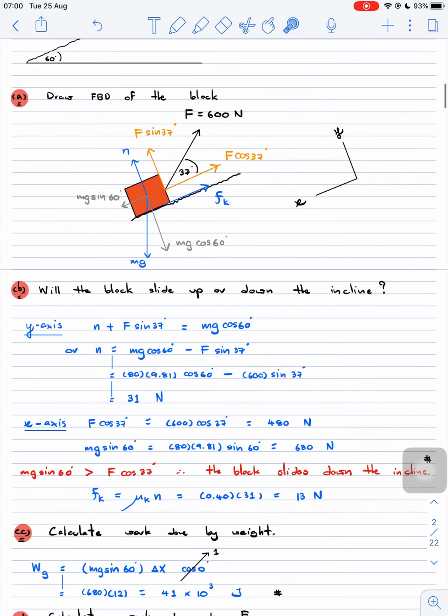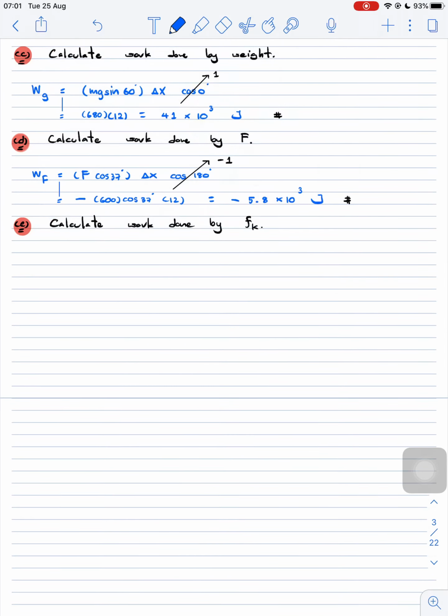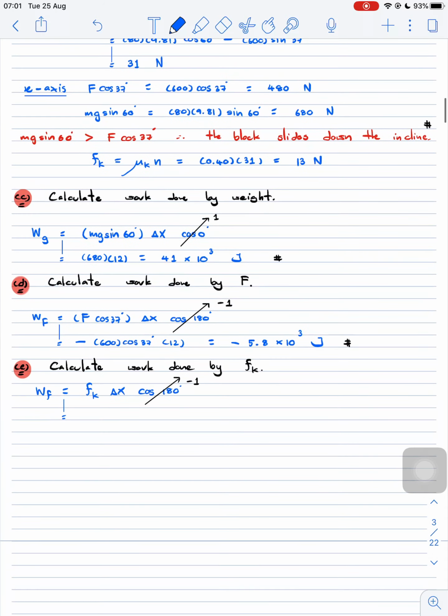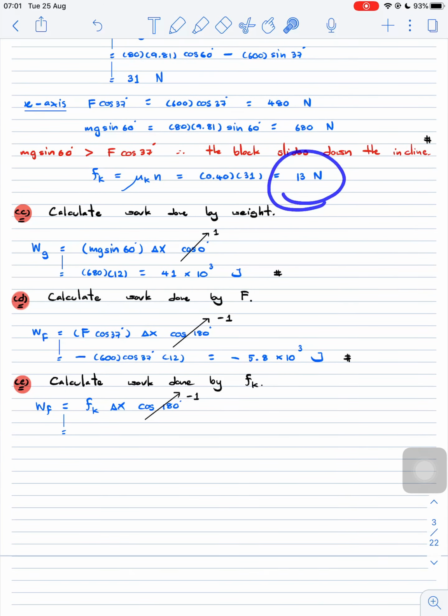Just the same as this component, because the Fk is opposite to the displacement, the work done must be negative, and the angle between the displacement and the force must be equal to 180 degree. So the work done by the friction, let's get the Wf, the small f here, equal to the Fk times delta x times the cosine 180 degree, which we know the answer already, equal to -1. So now let's plug in the Fk into the equation. The Fk is what? Fk is 13 Newton.